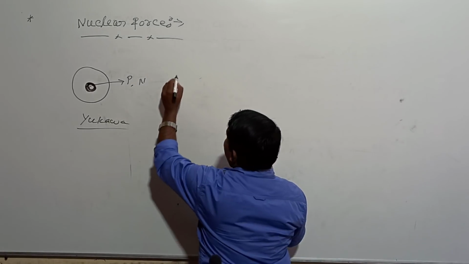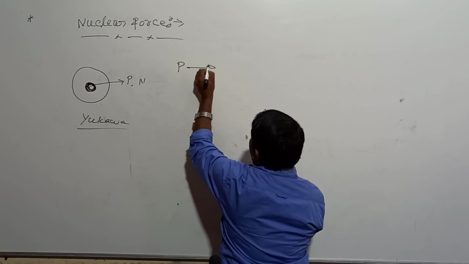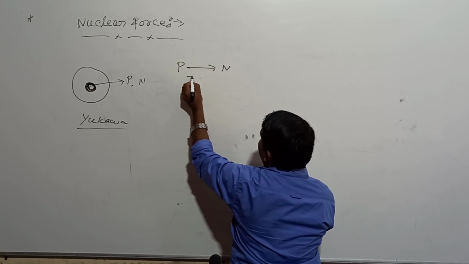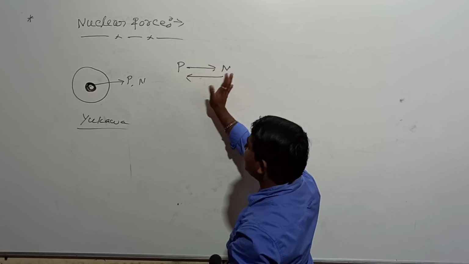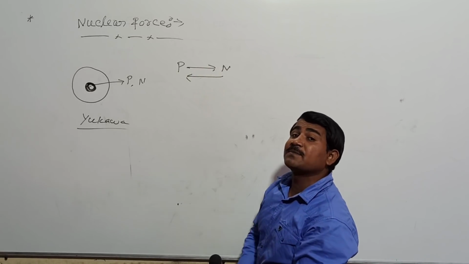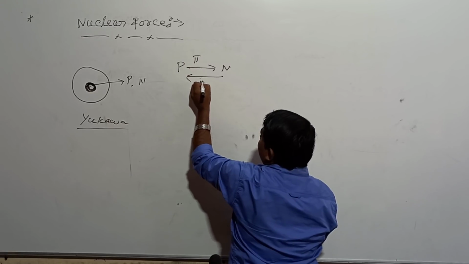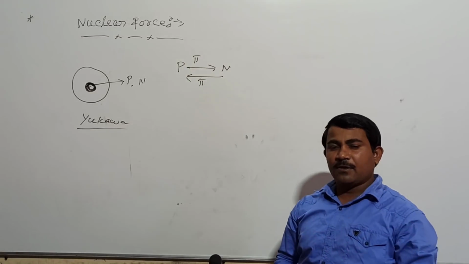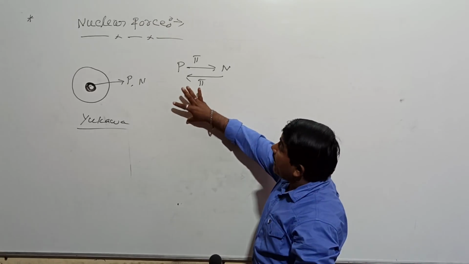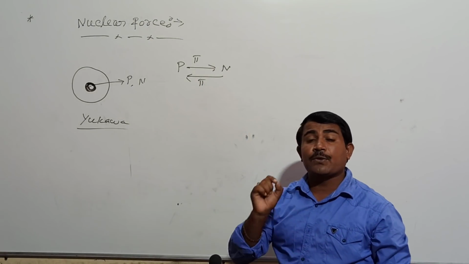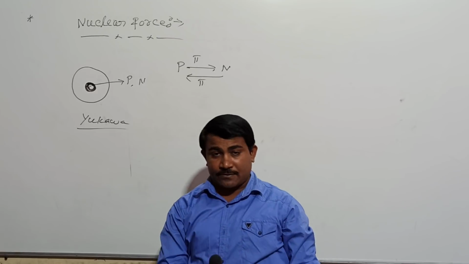How is it? Inside the nucleus, the proton is converted into a neutron and the neutron is converted into a proton. During interconversion, they exchange some subparticle. That particle we call pi mesons. Due to the exchange of pi mesons, the nuclear force arises inside the nucleus.